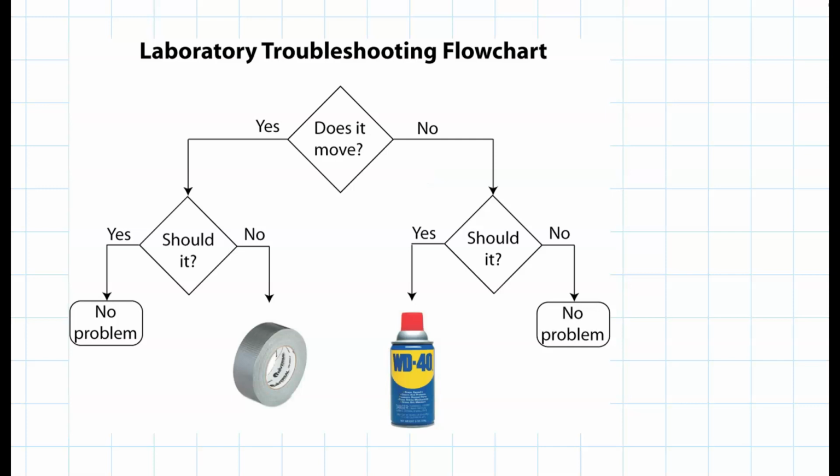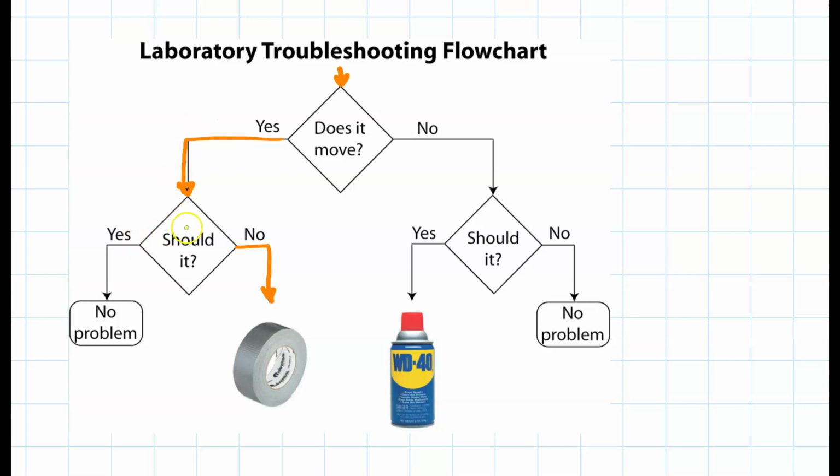This first one is a troubleshooting flowchart for engineers, and we start here. The flowchart asks us, does it move? Yes, so maybe whatever we're working on moves. And should it move? If it should not move, then we use duct tape.